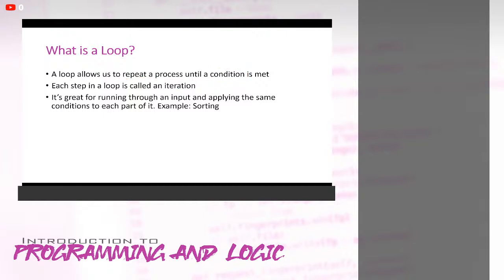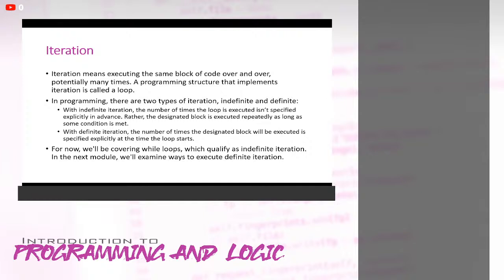Speaking of iteration, let's talk about it a little more. Iteration means executing the same block of code over and over again, potentially many times. A programming structure that implements iteration, we call a loop.